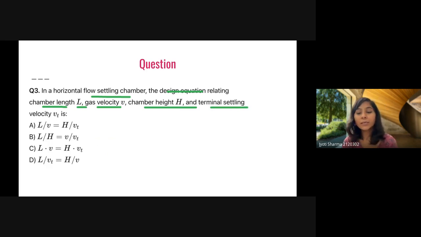So you have to tell me the equation where we have L, V, H, and VT. A little technical, but we will try to solve this also. Any guess about this?